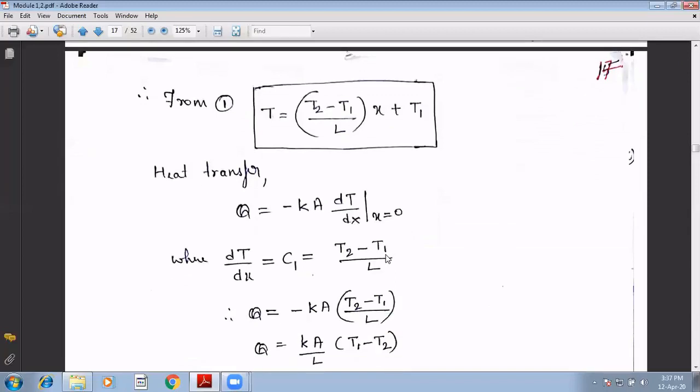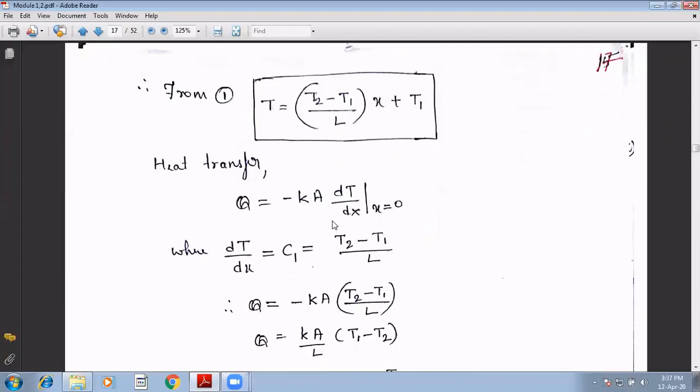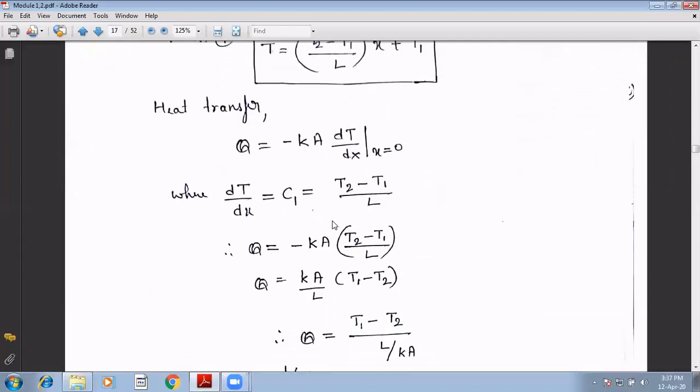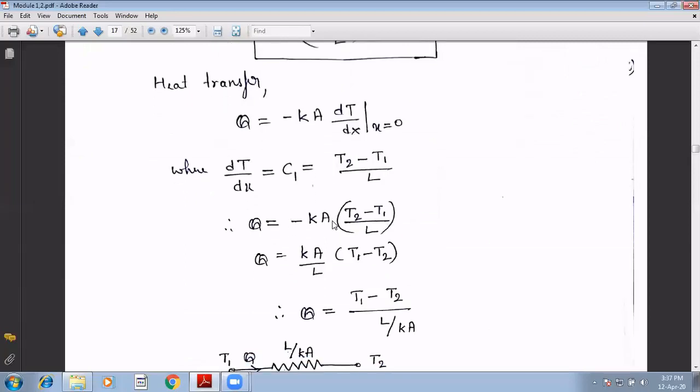So q can be written as minus kA into dT by dx. Correct? Now dT by dx is nothing but (T2 minus T1) divided by L. You know that. So q is equal to minus kA into (T2 minus T1) divided by L, or it can also be written as plus kA divided by L into (T1 minus T2).